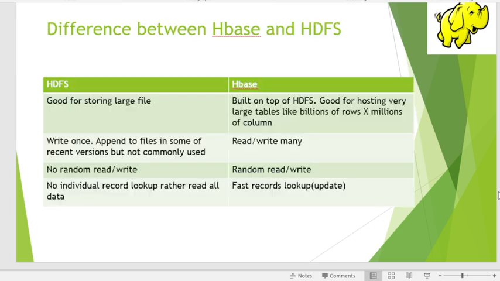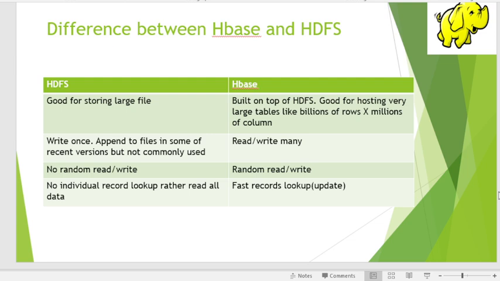Now here is the difference between HBase and HDFS. HDFS is good for storing large files, while HBase is built on top of HDFS and is good for hosting very large tables like billions of rows or millions of columns. In HDFS, you can write once, and append to the files in some recent versions, but it is not commonly used.